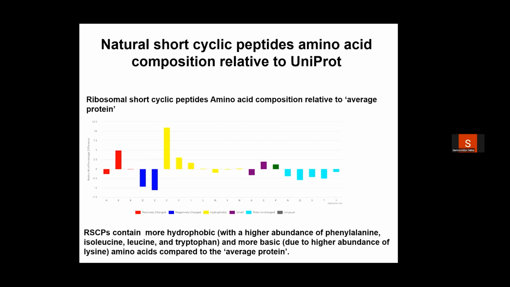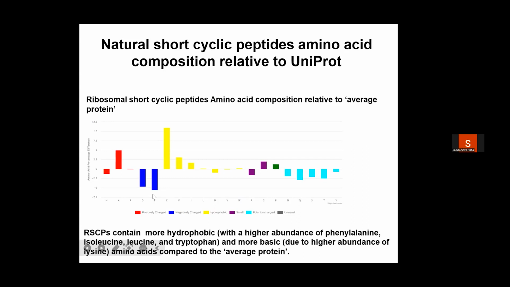On this chart, we see the amino acid composition of short cyclic peptides relative to UniProt, the average protein. As we see here, our short cyclic peptides are enriched by phenylalanine, also isoleucine, tryptophan, and basic amino acids like lysine.